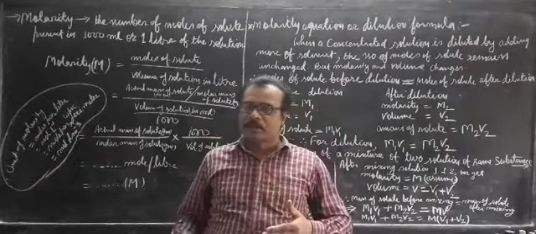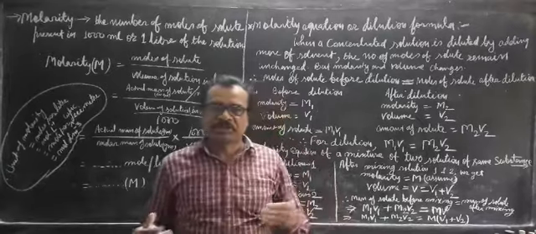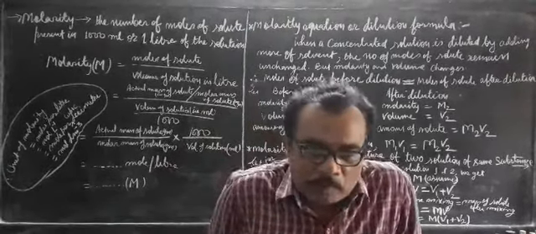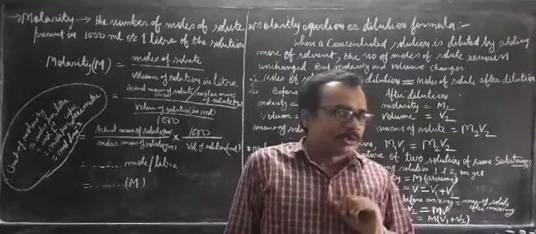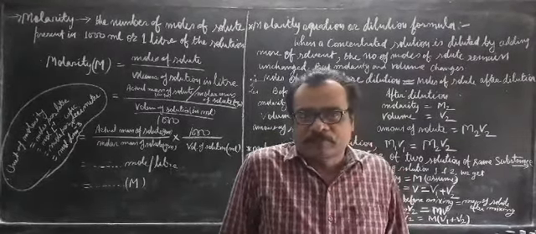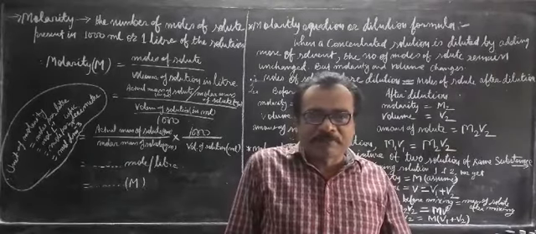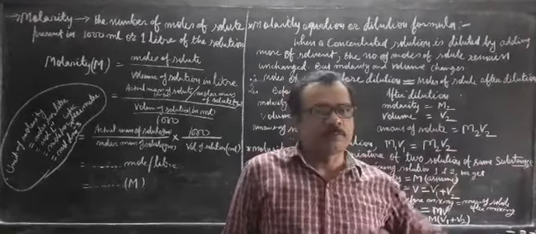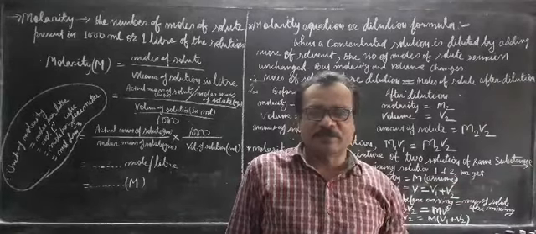We need solution in different concentrations. So when we need solution in different concentrations, then we have to prepare it. So the solution available in a concentrated form, we have to change its concentration.